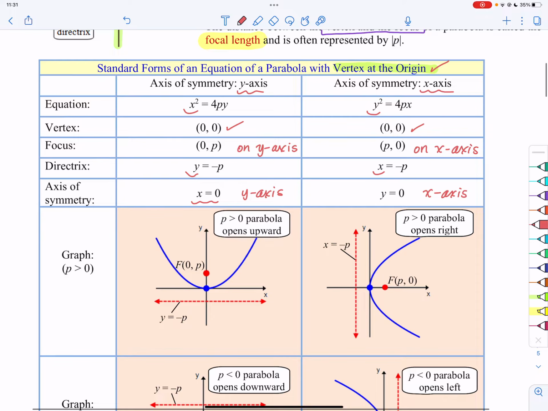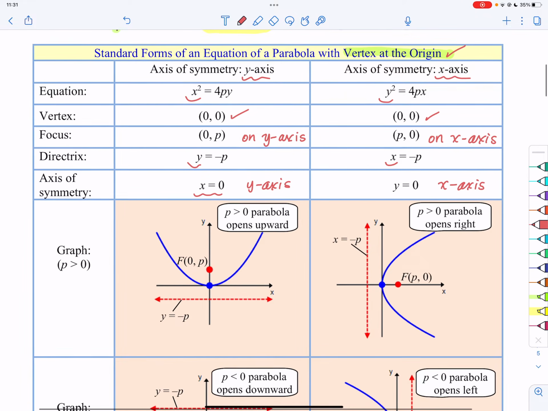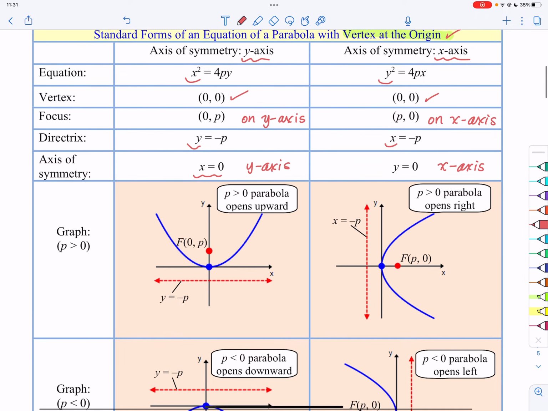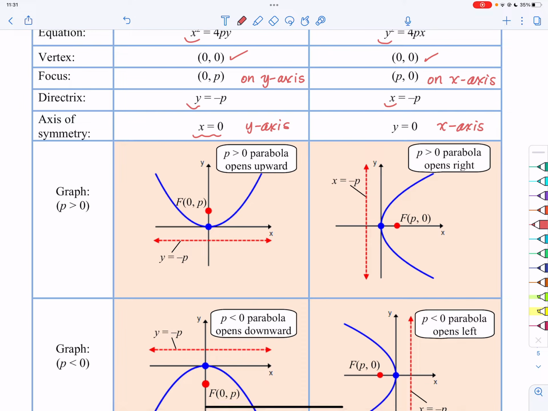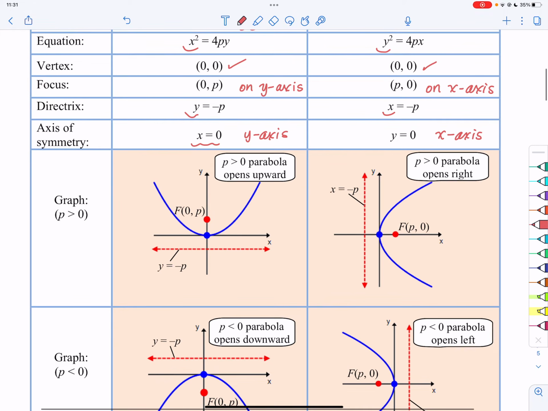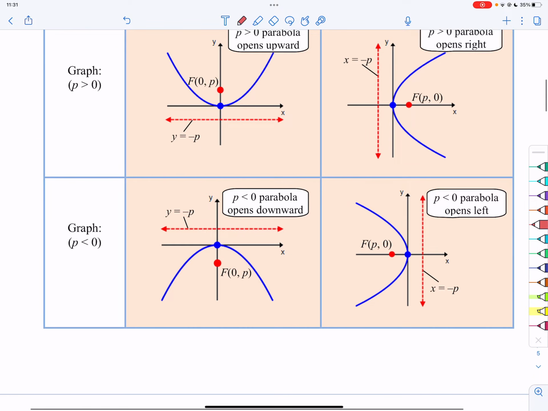So these parabolas with a vertex at the origin are pretty straightforward. And you can see when p is positive, the parabola opens upward, or it opens to the right. It just depends which axis of symmetry we have. If p is less than 0, we will open either down or to the left.